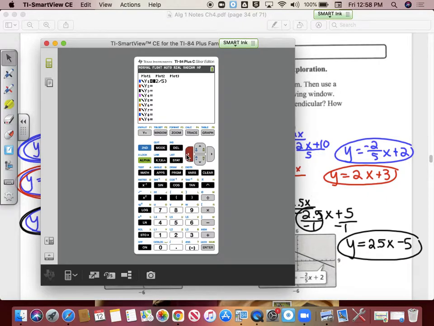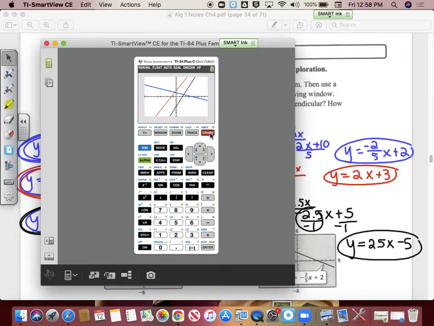I'm going to insert parentheses here just to make sure the calculator knows what to do here. So negative 2/5 x plus 2, and then y equals 2x plus 3, and then y equals 2.5x minus 5. Okay. Now when I go to graph, I see the blue, the red, and the black line.